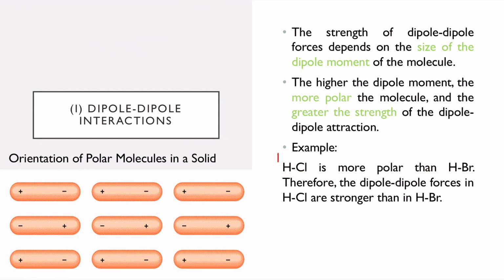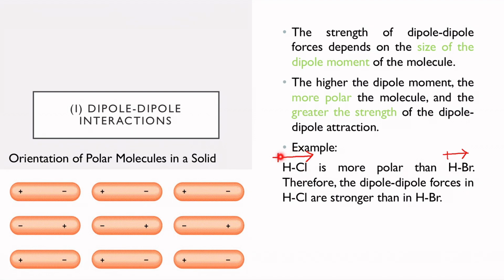That means my arrow will be longer, reflecting the magnitude of my dipole, compared with HBr here, a bit shorter. Okay? Therefore, the dipole-dipole forces in HCl are stronger than in HBr.